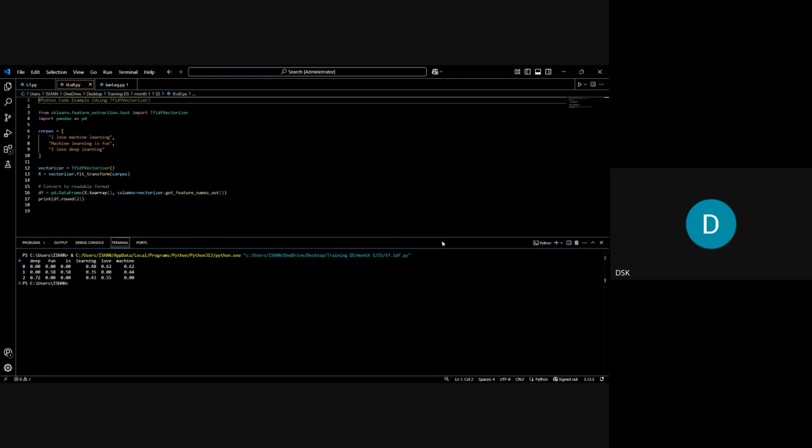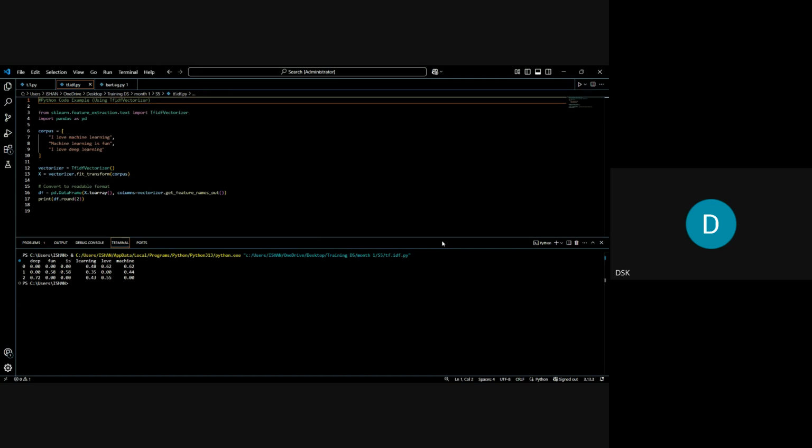So as you can see, the interpretation of row 0 is that there are high scores for love, machine and learning. So these words are important and unique to document 0, that's why these scores are high.